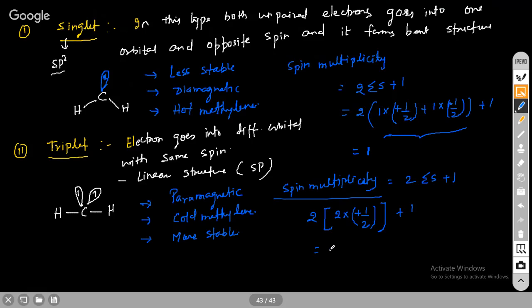When you solve this, the spin multiplicity you'll get is 3. Since this is 3, that's why we call it triplet. So this is it for carbene. We have two types of carbene, singlet and triplet.